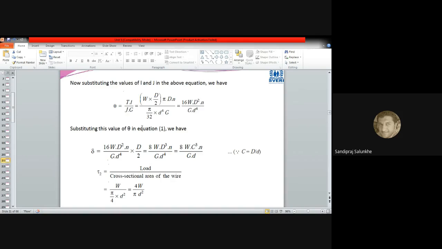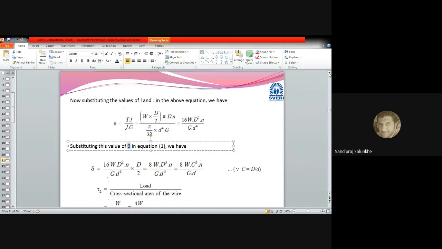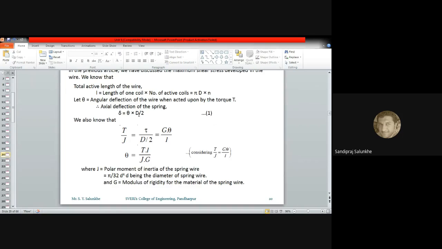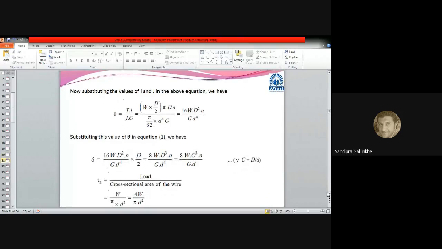Now from equation number 1, if we put the value of theta, this deflection can be calculated. Delta is equal to theta into D by 2. If you are not remembering this equation, delta is equal to theta into D by 2. So theta will become delta divided by D by 2. We put delta divided by D by 2; the divide goes to the other side and becomes multiply.